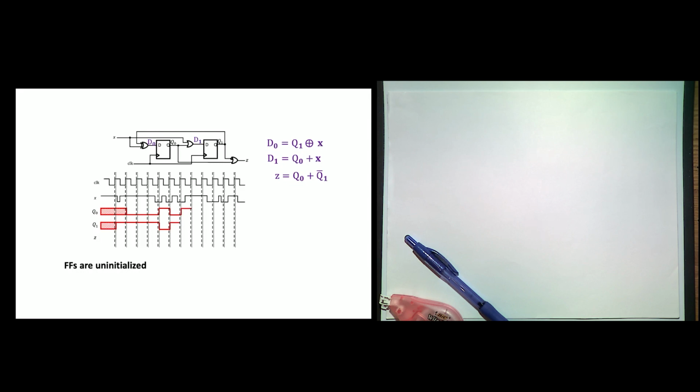And D1 will go low because X is low and Q0 is low. Okay. All right, so you get to fill these in. Any questions on this?